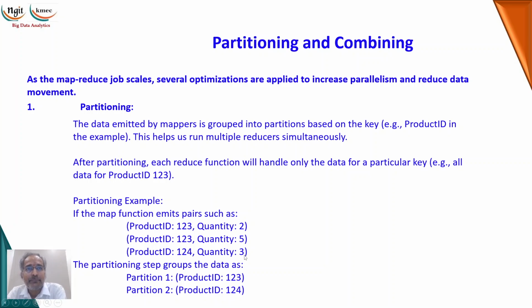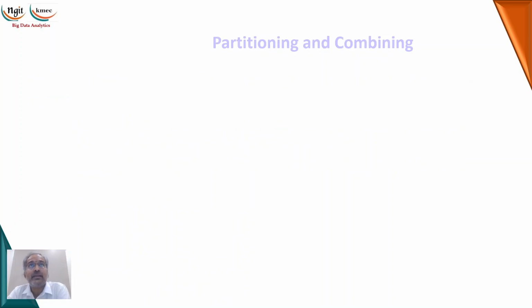In this case, two partitions will be created. Partition 1 is for product ID 123, and product ID 124 creates another partition. So the values 2 and 5 will be in the first partition, and 3 will be in the second partition. This is the example of partitioning the output of the mapper. Once it is partitioned, then it can be combined.